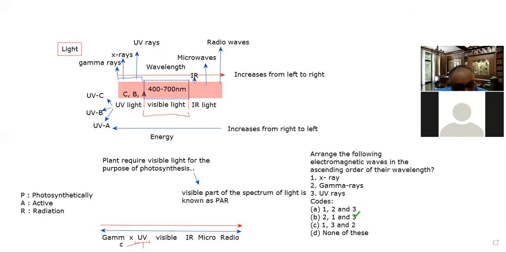And this part is known as A, because such types of questions can be asked in the examination, that which of the following ultraviolet rays has the shortest wavelength or the longest wavelength. So this point I think is clear to you.